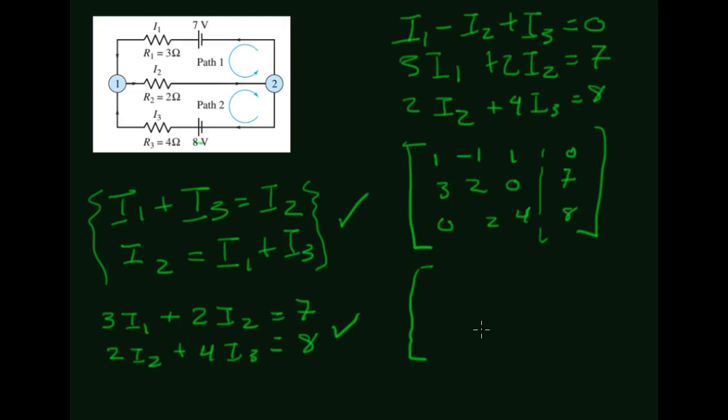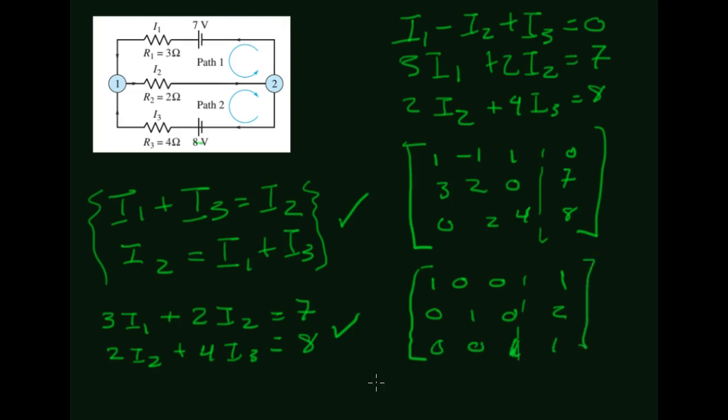Okay, so you end up with 1, 0, 0, 1, 0, 1, 0, 2, and 0, 0, 1, 1.